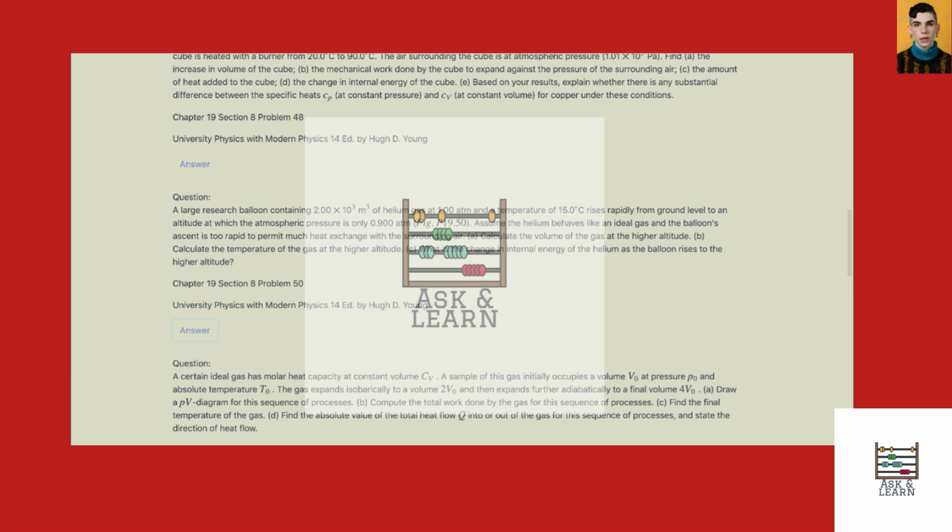Okay, so I want to approach this question. The basis of my approach will rely on the fact that it doesn't permit much heat exchange with the surrounding air. So Q equals 0. I'm taking it to mean that it's adiabatic, and I'm applying all of the formulas from the adiabatic section of the book.